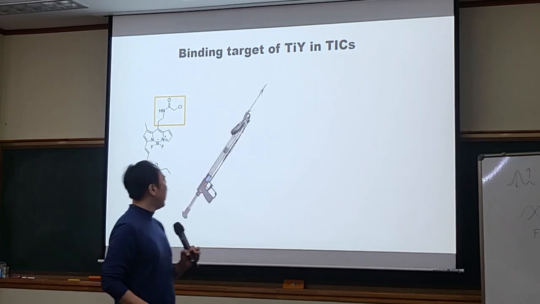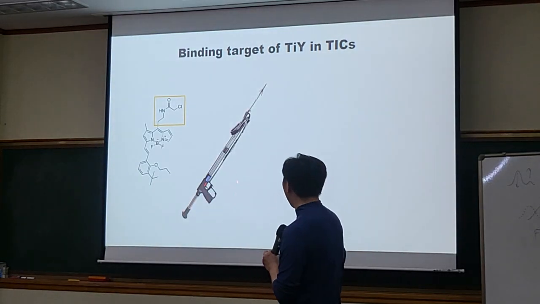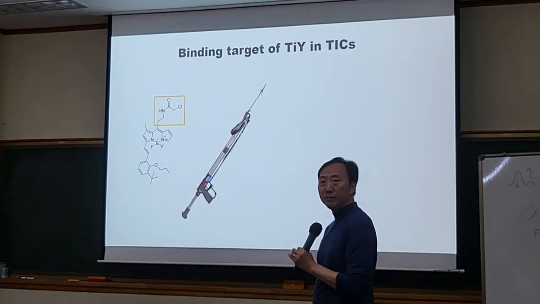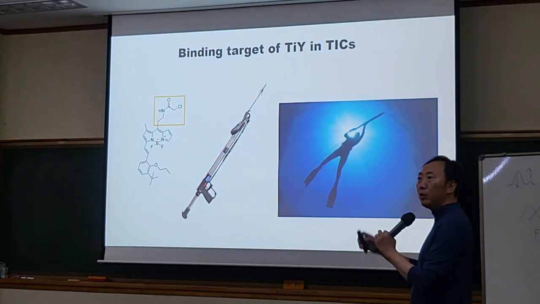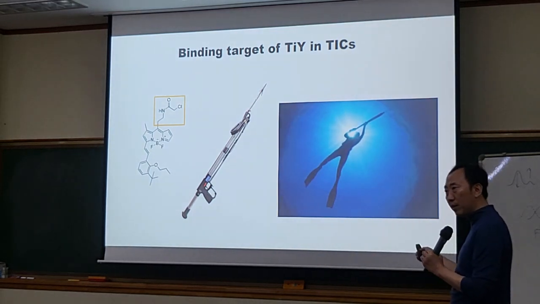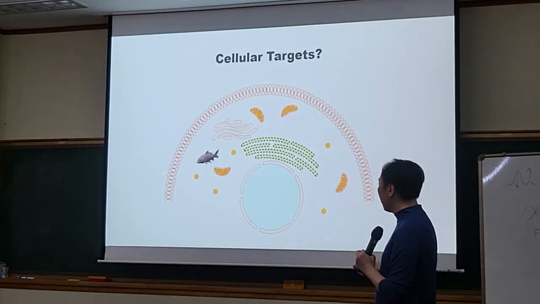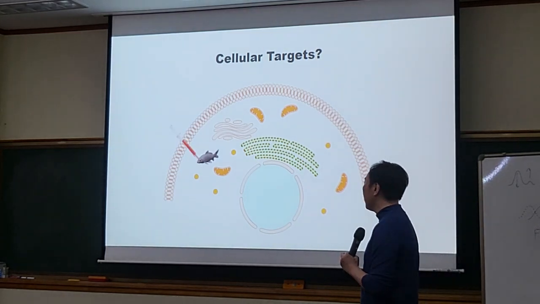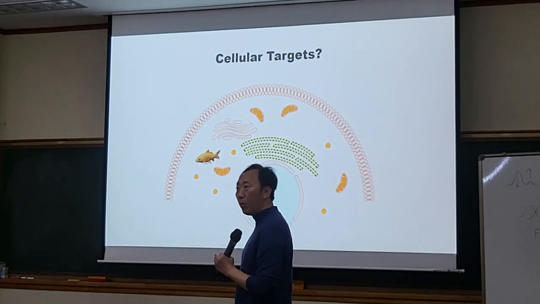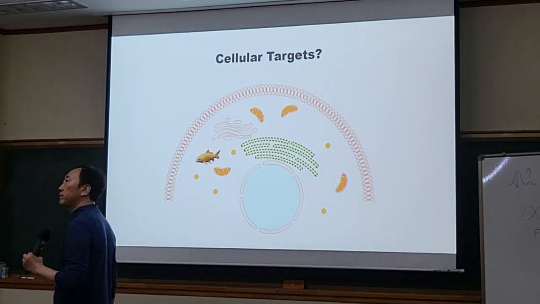It's like a probe with an active warhead. Then we can send this probe into the seed of the cells. Then it goes into the cell, and if this is our target protein, it makes covalent binding to the target protein.